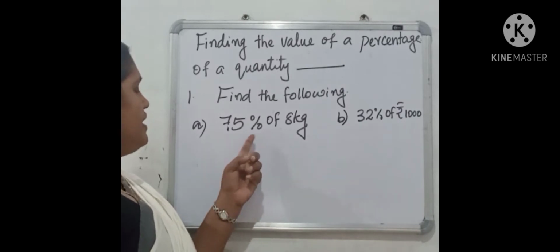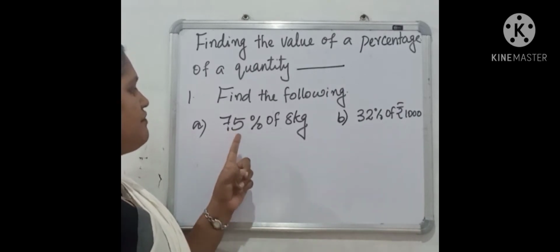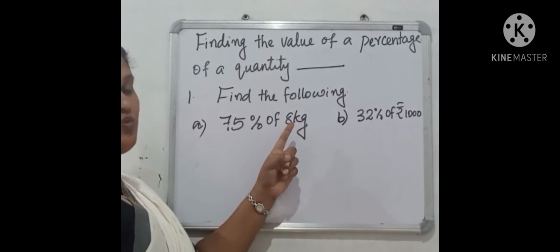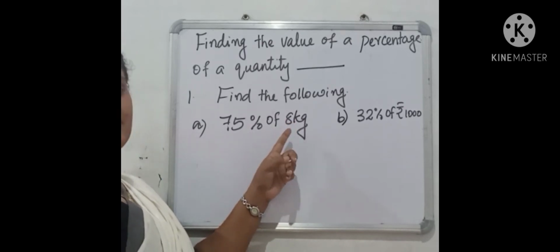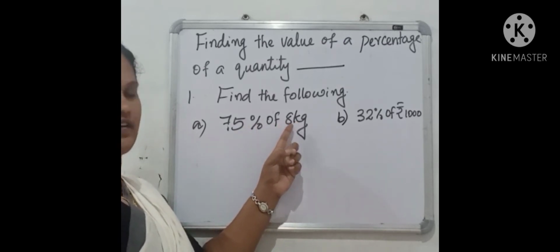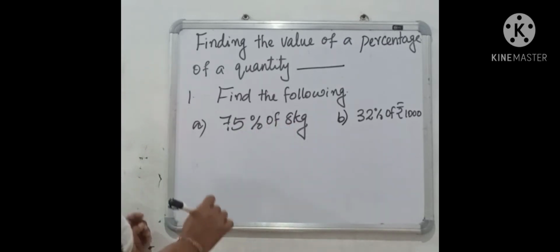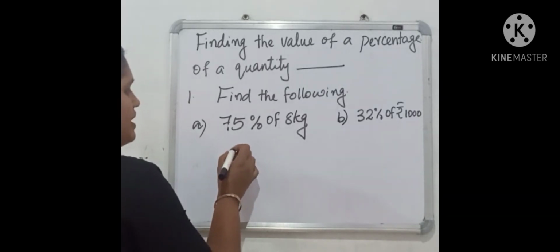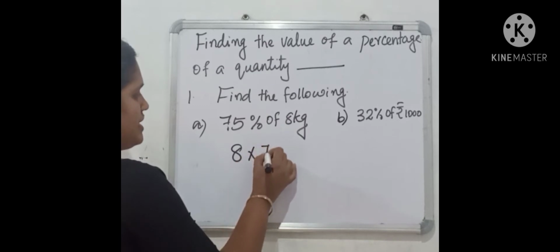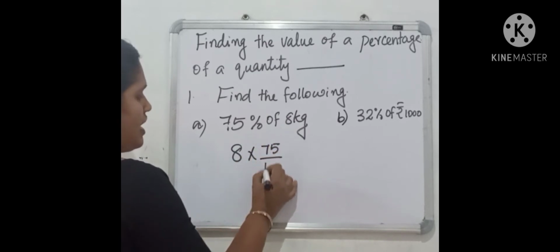Here we have to find 75% of 8 kilogram. How much kilogram is the 75% of 8 kilogram? Okay. 75% of 8 kilogram means 8 into 75 by 100.